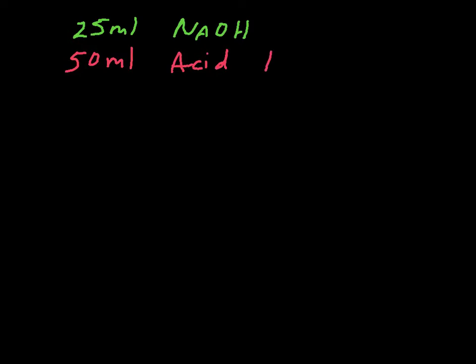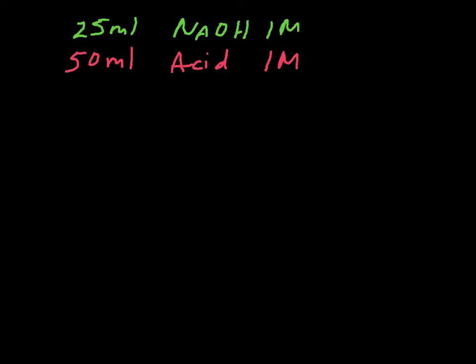Alright? Now, this next one, I'm going to add 25 milliliters of NaOH. Now, if you remember what I had in there in the first place, I had 50 milliliters of the acid. And the acid concentration was 1 molar. Well, the base's concentration was 1 molar.